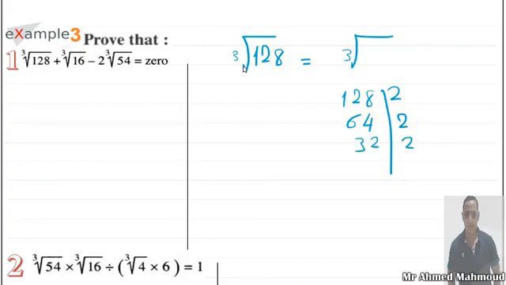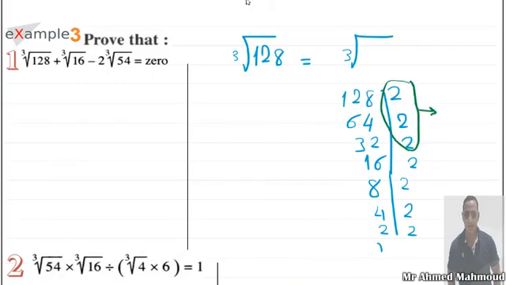Divide by 2 equals 16. Divide by 2, 8. Divide by 2, 4. Divide by 2, 2. Divide by 2, 1. And then I'm going to select 3 like factors, to be 2 outside, but I have another 3 like factors. It will be another 2. Okay, and finally we have 2 inside the cubic root.